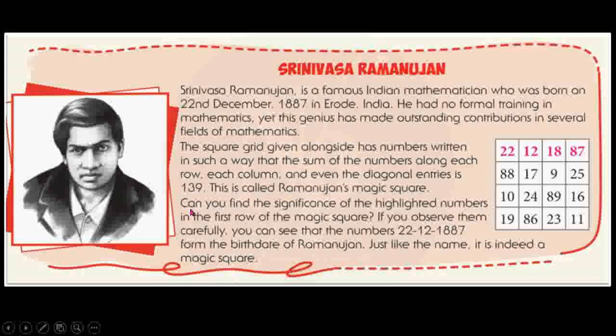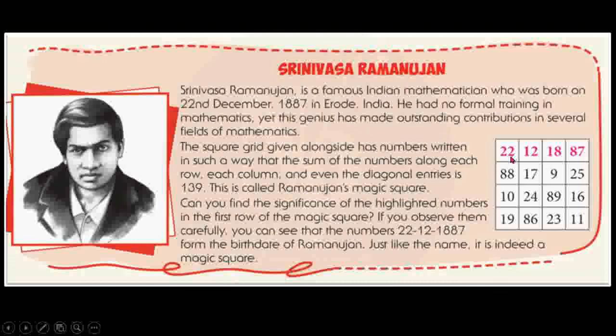Further, can you find the significance of the highlighted numbers in the first row of the magic square? I read twice 22nd December 1887, or 22/12/1887.